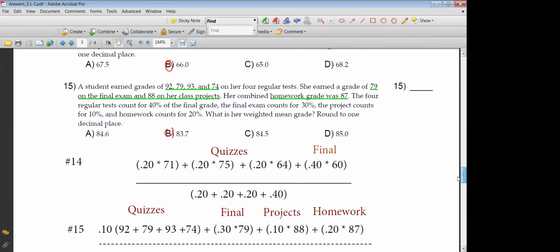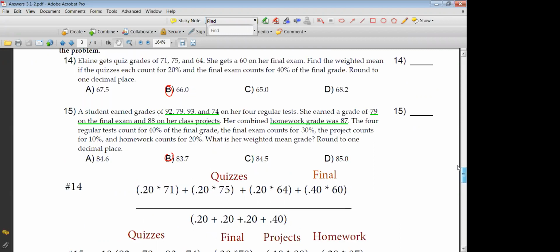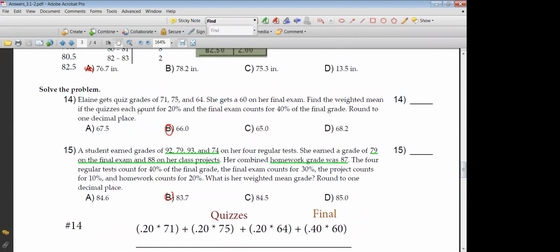Well, in this first problem here, he tells us that the student had these grades. Right here, she had quizzes. Elaine had a 71, a 75, and a 64 on her quiz grade. She got a 60 on her final exam. She says, find the weighted mean if the quizzes count for 20%.